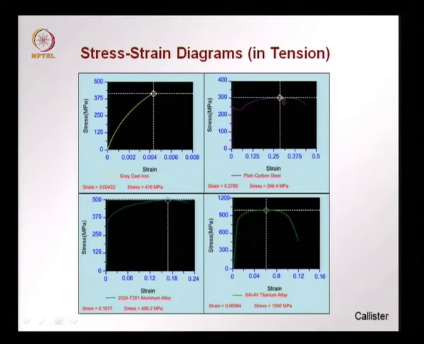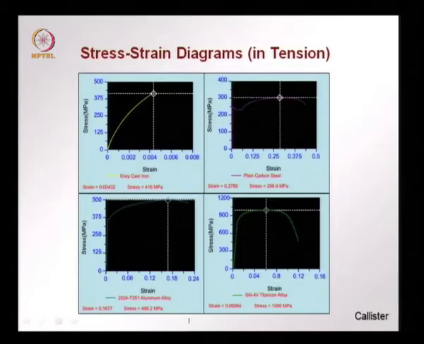This would be the peak load or the peak stress, after which there is a drop in the stress and finally failure. These crosses mark the peak stress in each of these cases, just to give an indication of what are the stress values and strain values that we have for the different materials under uniaxial tension.